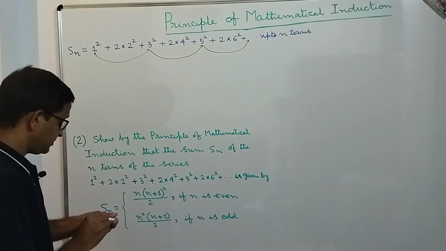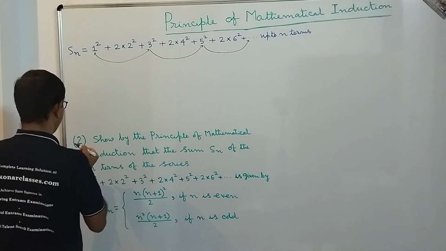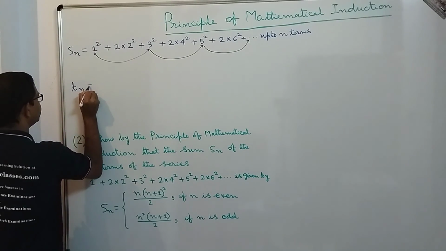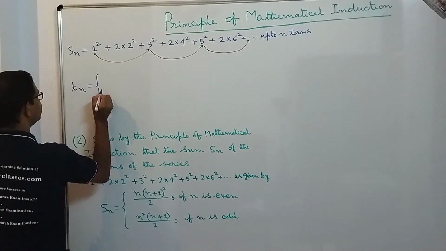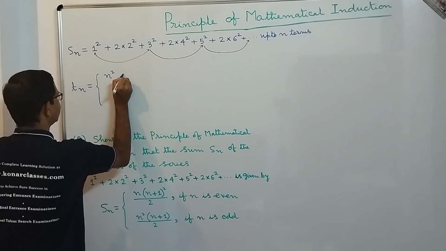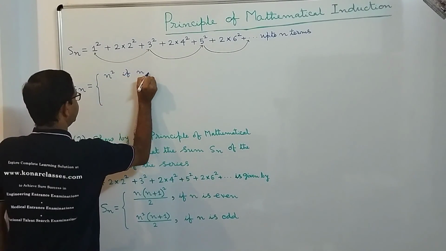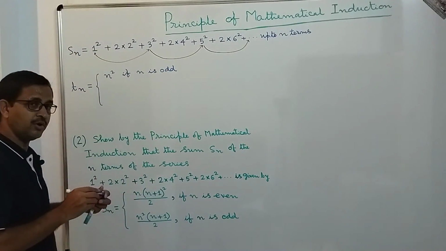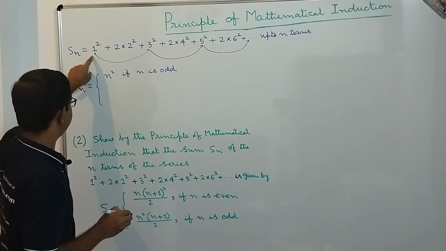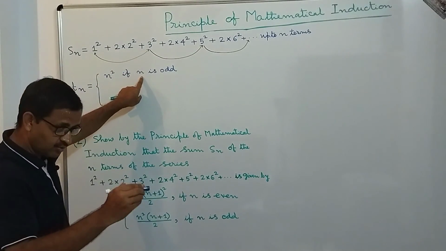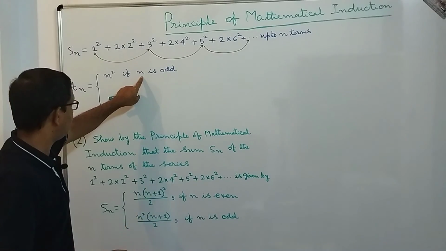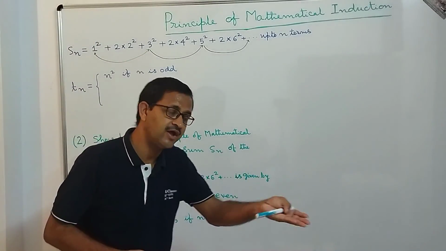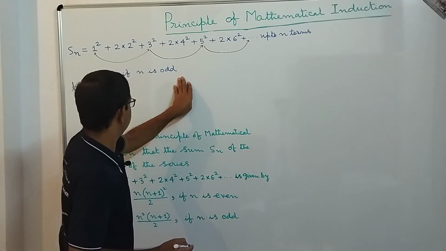So what we get is that if we define Tn as the nth term, Tn is equal to n square if n is odd. For example, n equal to 1 gives 1 square, the first term. After 1, the next odd number is 3, so it is 3 square. After 3, the next odd number is 5, so it is 5 square. In that way it goes.